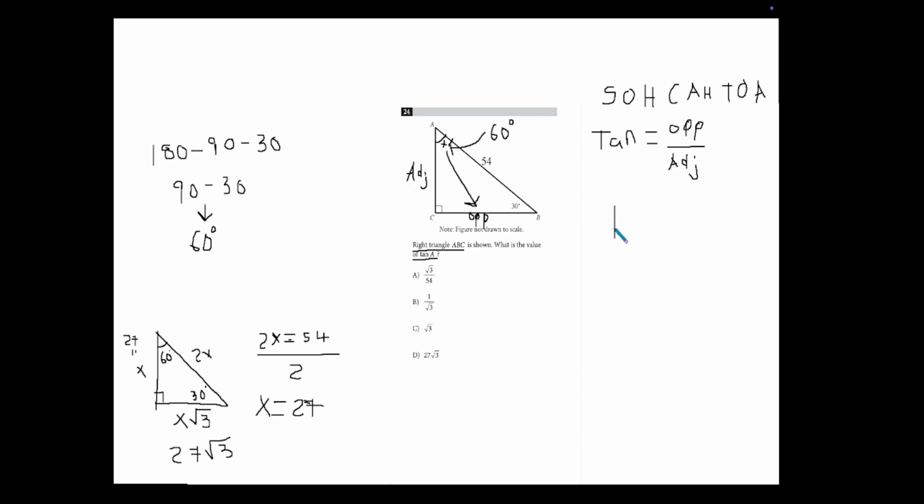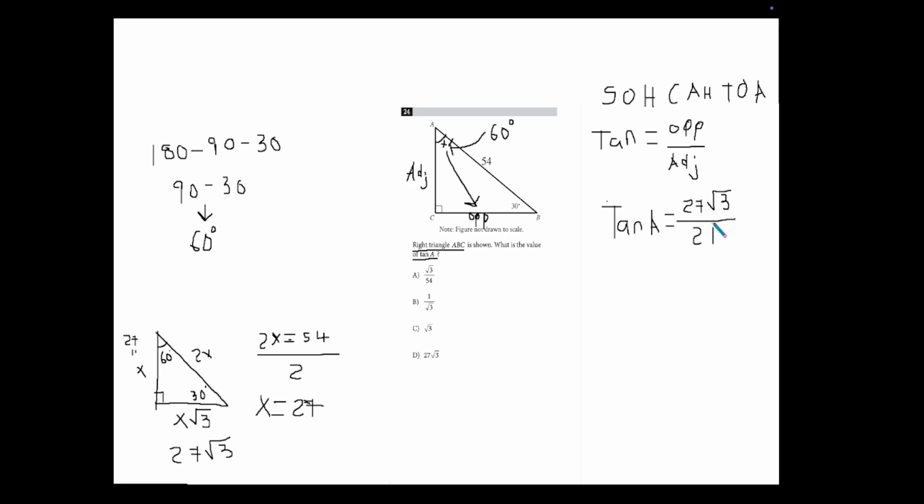So now we can input this into our trig ratio. So we have tan A is equal to 27 root 3 over 27.